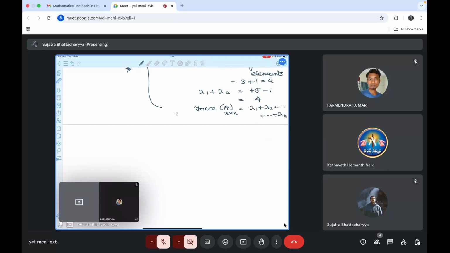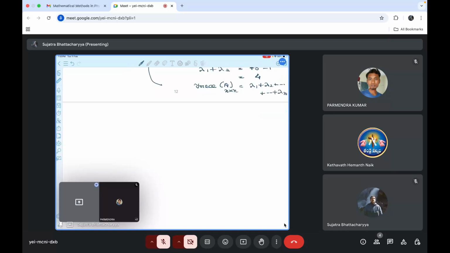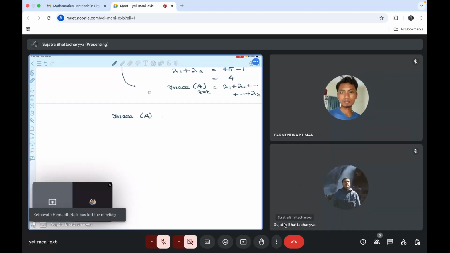Fine. Now, since I'm talking about trace, I'll quickly mention how to write it. The trace of A is nothing but the summation, i equal to 1 to n, of a_ii.